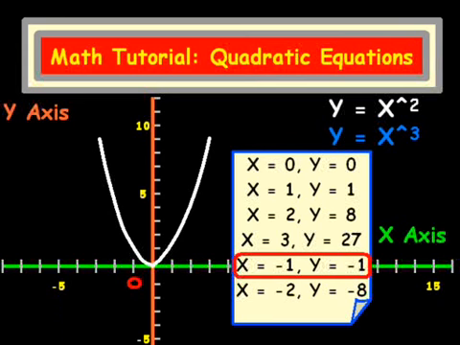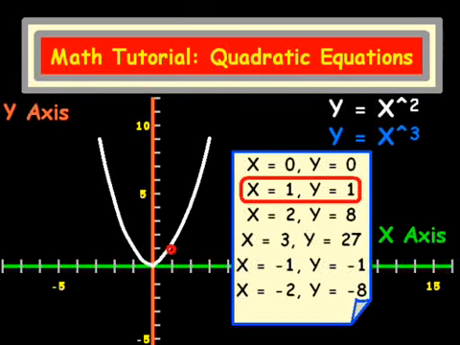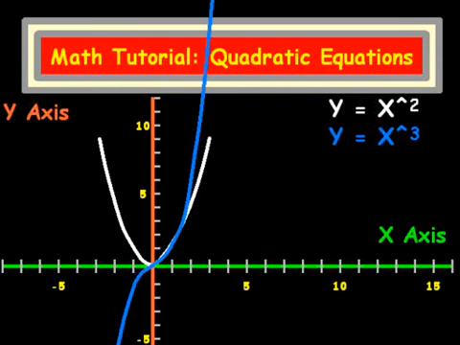Also, if x is negative 2, negative 2 to the 3rd power is negative 2 times negative 2, which is 4, because the negative signs cancel out. And then 4 times negative 2 is negative 8. So if x equals negative 2, y is going to equal negative 8. And if we graph all of these points that we've drawn right here, it looks like this.